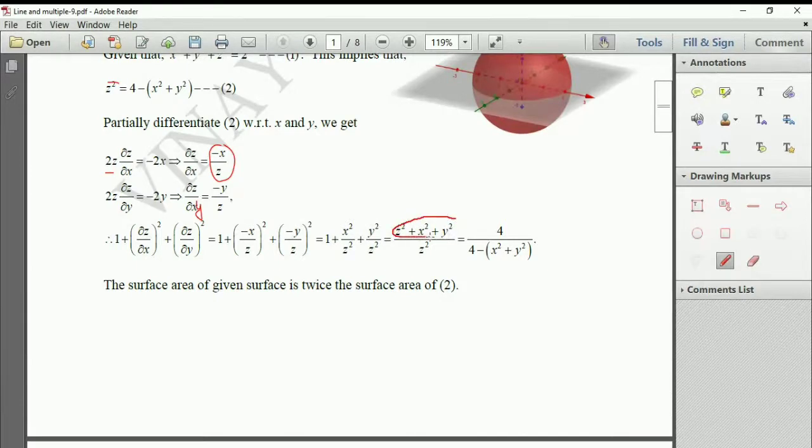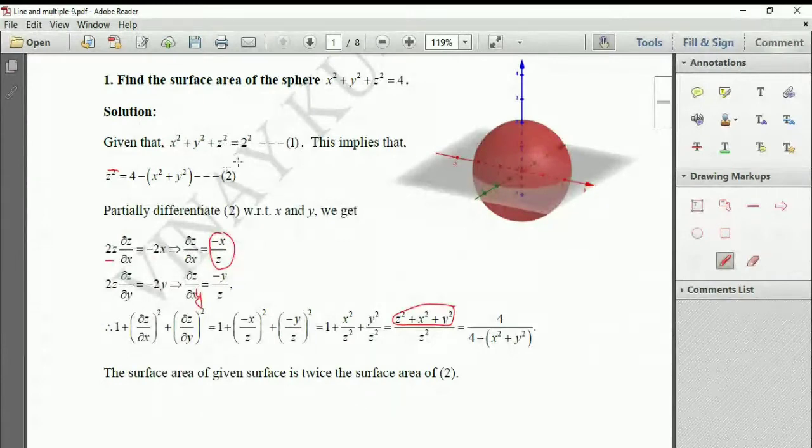But we know that, right? You have to substitute back what you have from equations 1 and 2. What is your x square plus y square plus z square? It is 2 square, or 4. And what is your z square? It is 4 minus x square plus y square. You should not keep it in terms of z here, because we are going to pull this sphere onto either the xy plane, yz plane, or xz plane.